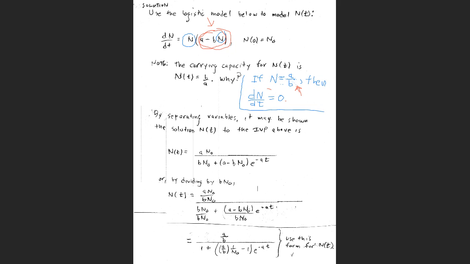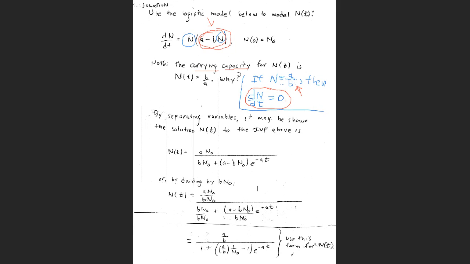That's right. Good comment. The change is zero. When the rate of growth equals 0, that means there's no more growing. If the growth rate's 0, that means no more new people are seeing the advertisement. In other words, everybody in the community has seen the advertisement, and you've reached carrying capacity.